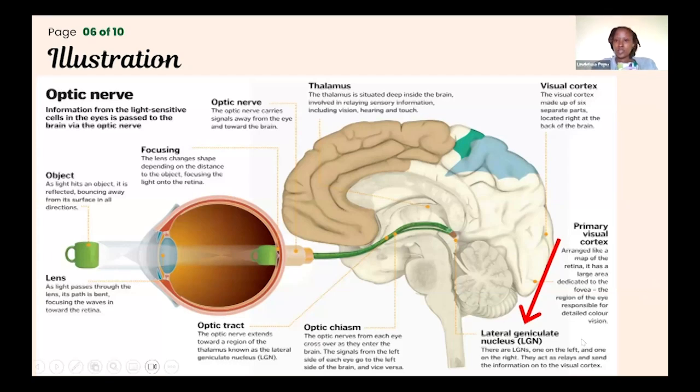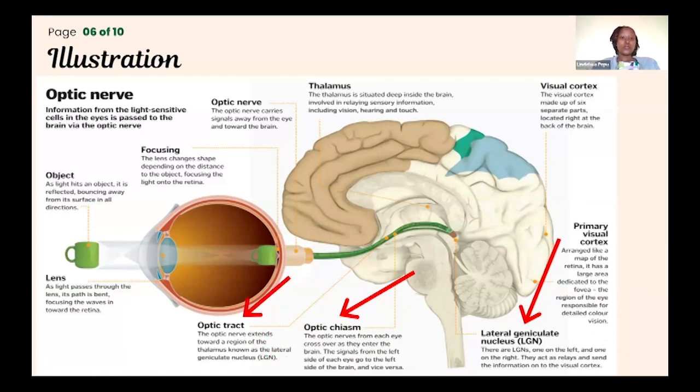So the communication starts at the lateral geniculate nucleus, which is present on the left and the right of the brain, and that is the visual cortex of the communication between the brain and the eye. And then after that, the linkage moves from the LGN to the optic chiasm, where the nerves from each eye are connected to the brain, where the image is stored for memory.